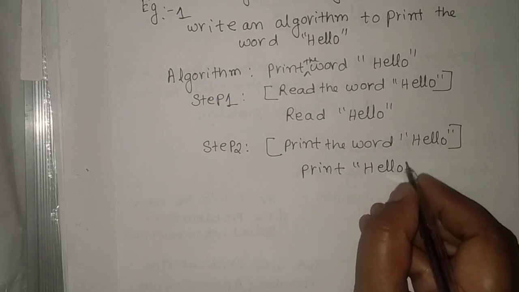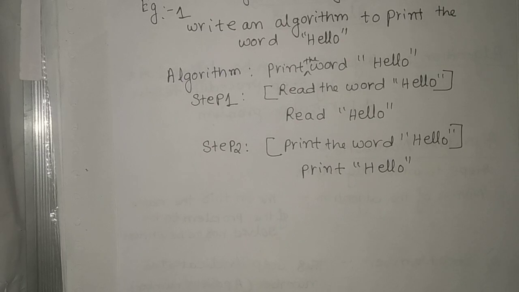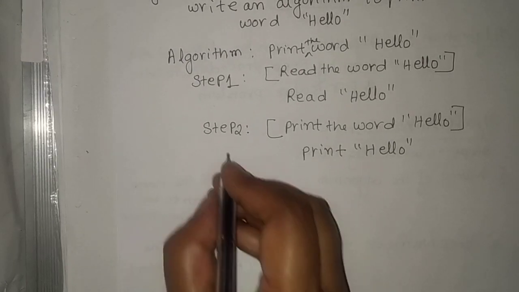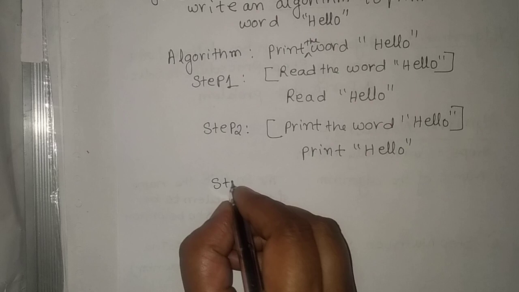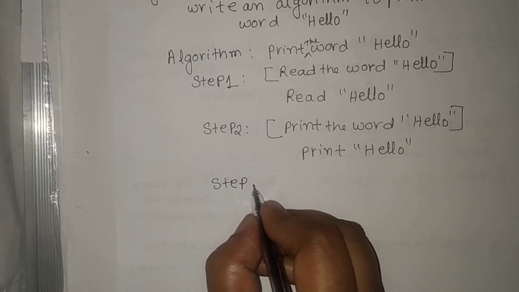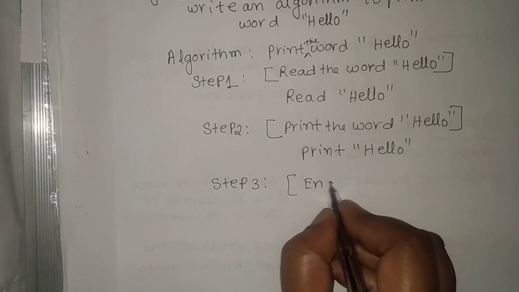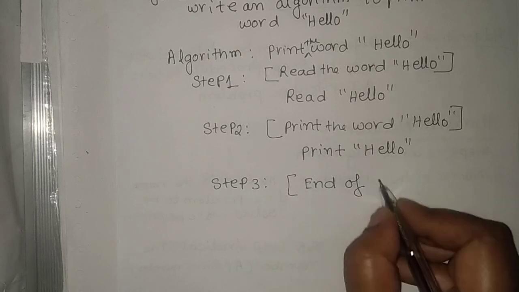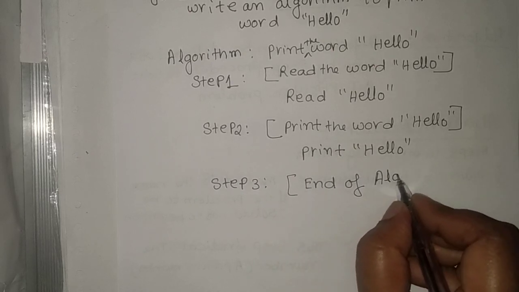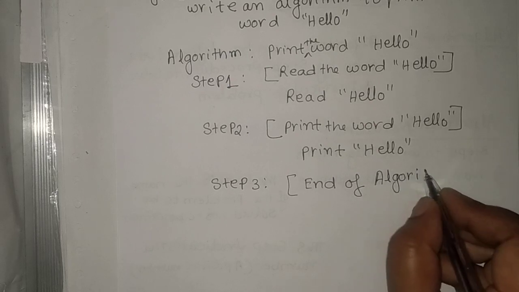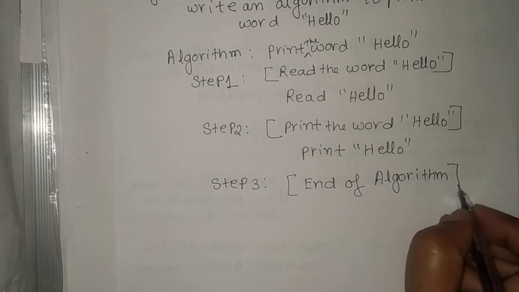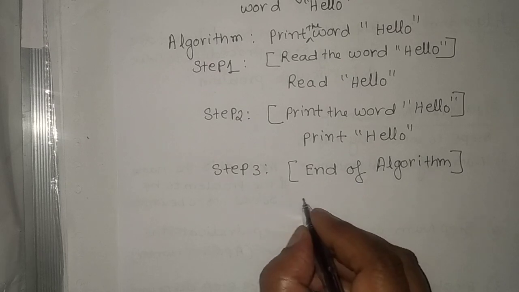That's all. Reading the word, then printing the word. After this, the last step will be step 3. This will be the end of algorithm. Just what we have to write here is stop.